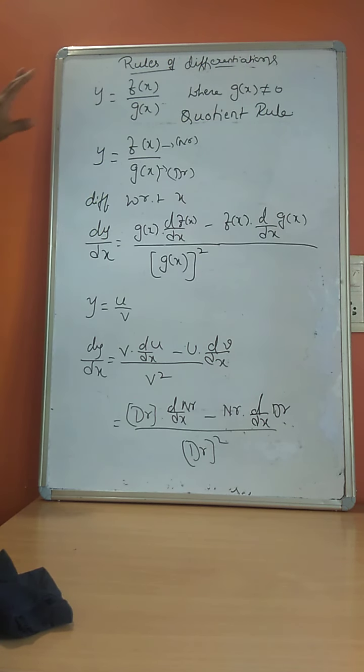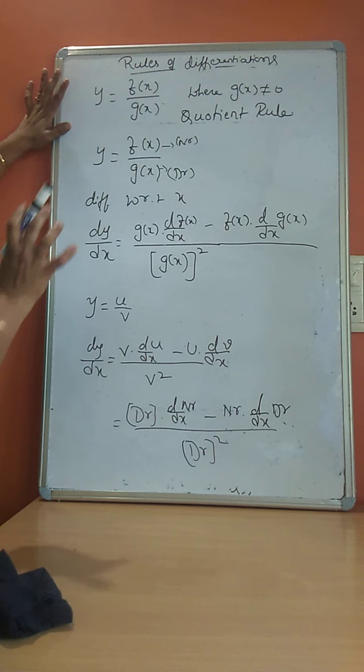See, quotient rule means it contains numerator and denominator. It is in the form of like this. If you go for differentiation, how to differentiate this one? So this one is numerator, is it? No, this one is denominator. How to differentiate?